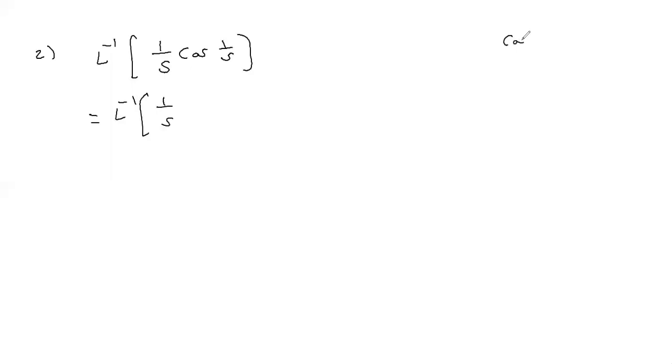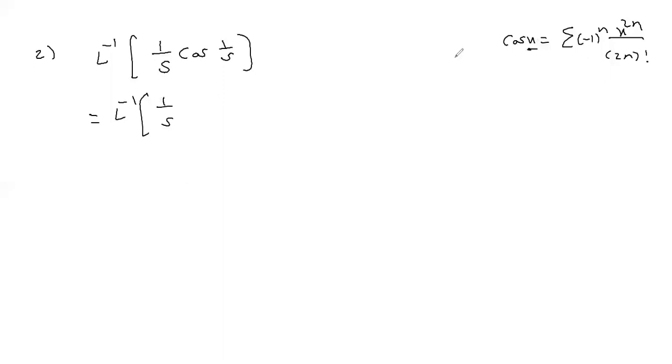What is the cos x expansion? Summation of minus 1 whole power n into x power 2n by 2n factorial. Do you agree? So in place of x, we are having 1 by s.